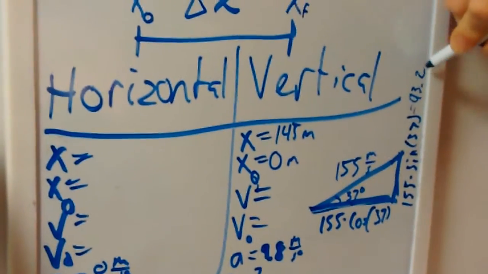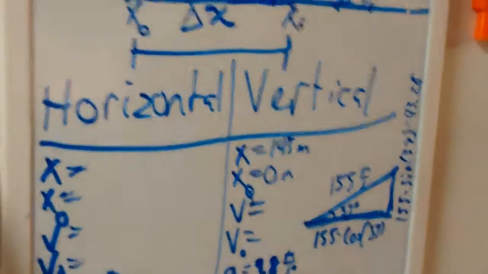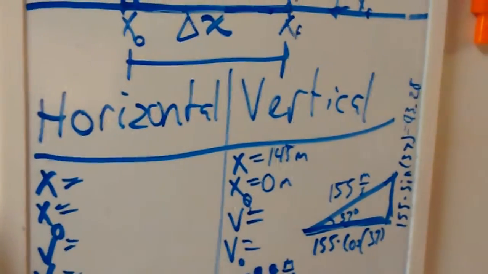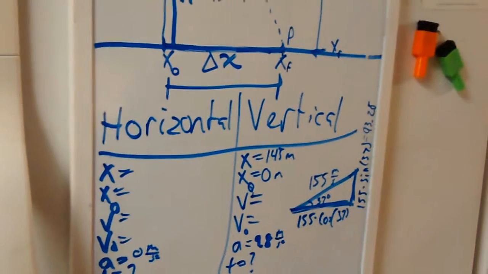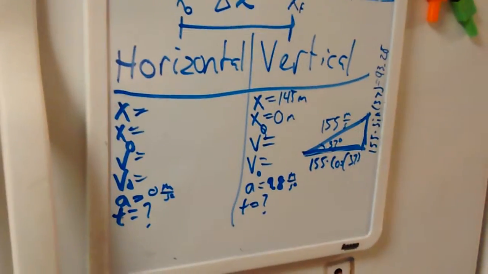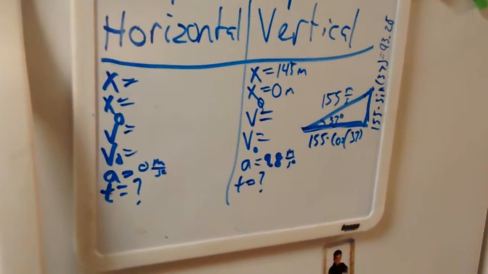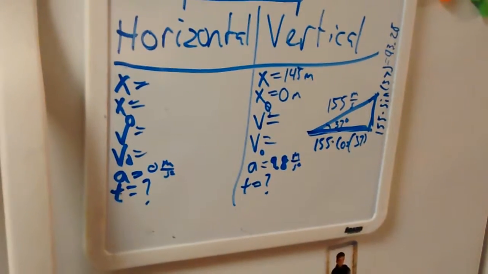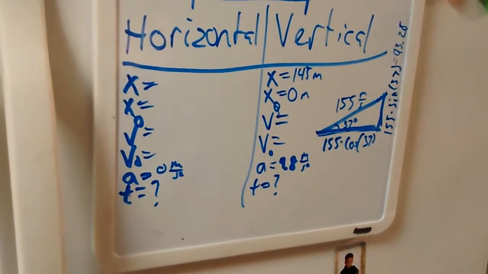Usually I prefer to round to 3 decimal places. You can either round or truncate, whichever way you like doing it. If you're rounding to 3 decimal places, you get 93.281.